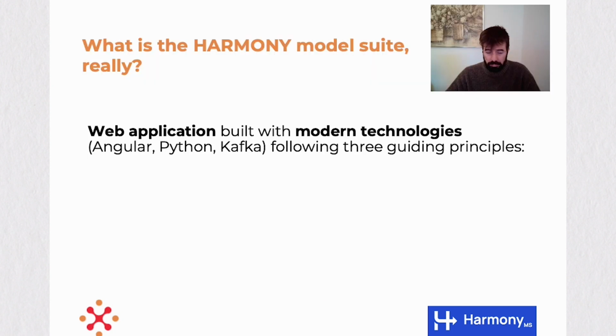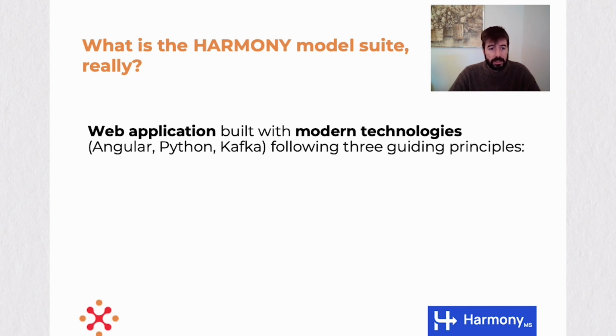So you might be asking technically what is really the Harmony model suite by now. So essentially the technical answer is that it is really a web application. So an application that you can access via, for example, your web browser, which is built with modern technologies, to mention a few, Angular, Python for the backend, and Kafka for the communication.